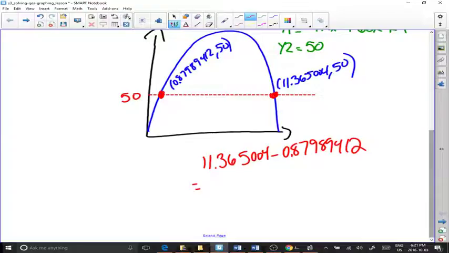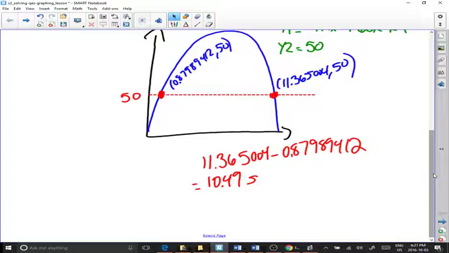And when we do that, we get 10.49 if we round to 2 decimal places. And we should round everything to 2 decimal places. So 10.49 seconds. Okay?